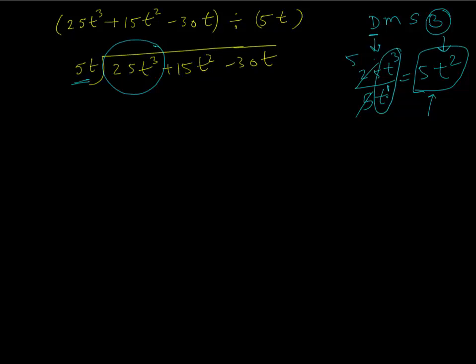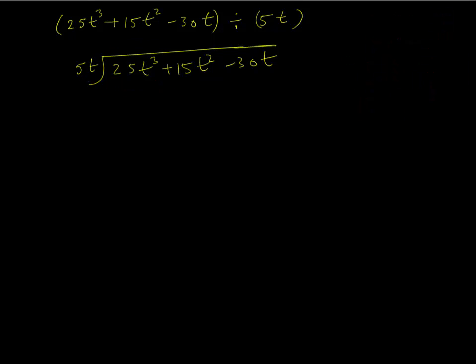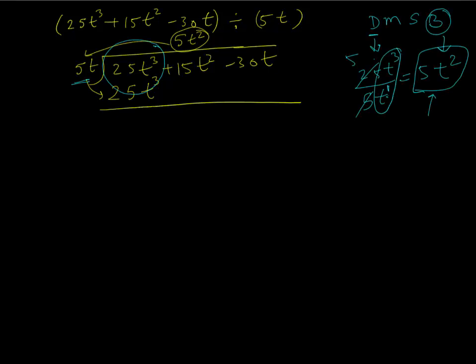Now let's try to make it less messy. Okay, we said 5t squared, so now we multiply, that's the next step: multiply 5t by 5t squared and write the answer here. So we get 25t cubed. And remember, the next step will be subtract.